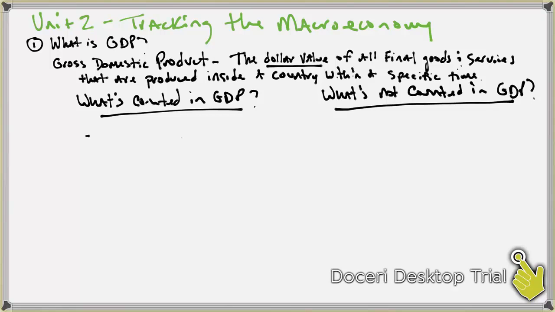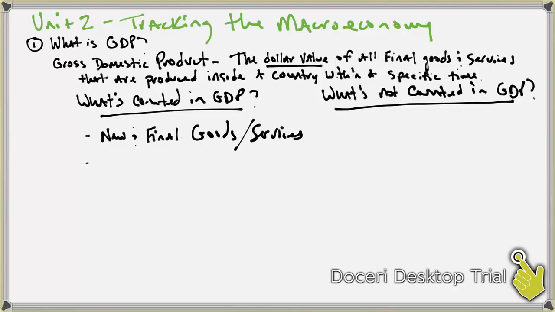So let's start with what is counted. Okay. First, goods have to be new. We'll say new and final goods and services. They have to be new and final goods to be counted. Another requirement is they have to be produced within a specific amount of time or within a specific time frame.